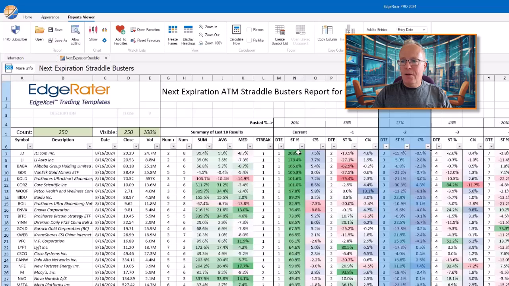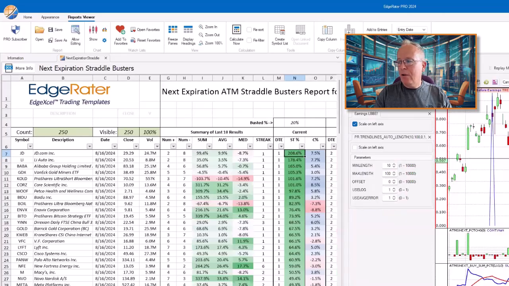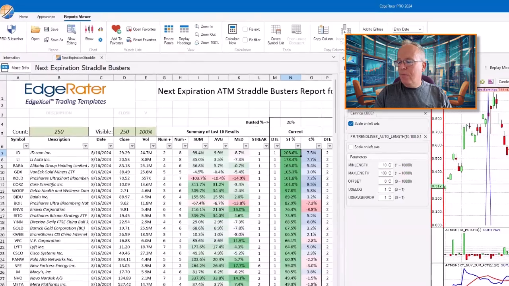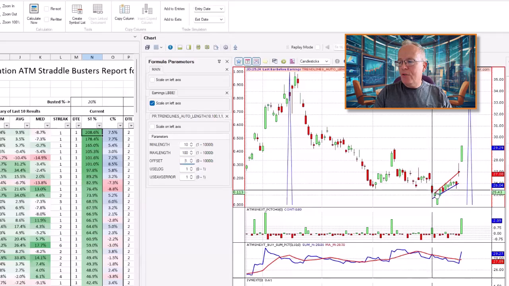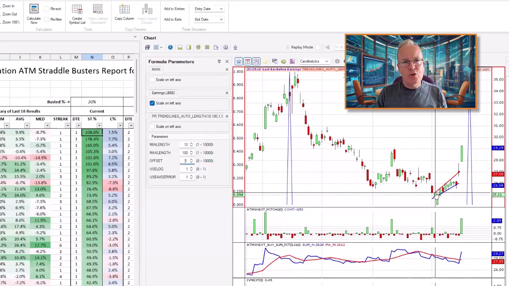So for the current day, the stock with the most unexpected move was JD on Friday, which had a 208% gain in the straddle. And that's what JD looked like on the chart. You can see the trend line here. If I go back a day on the trend line, set the offset to 1, you can see the best drawn trend line was a very short line. So it was kind of a short-term trend that was in play at the time.